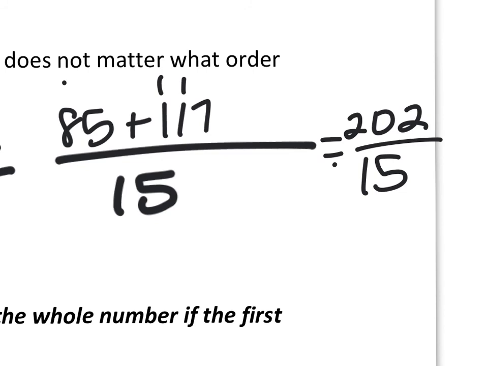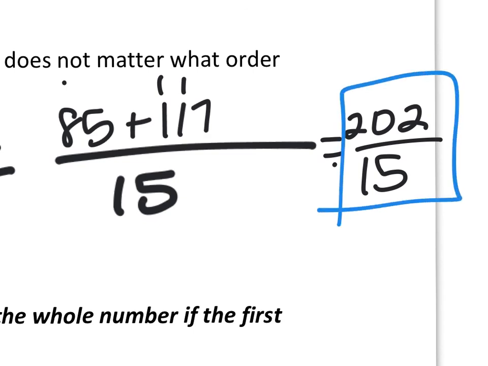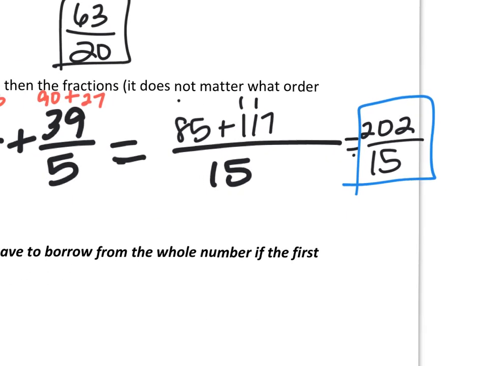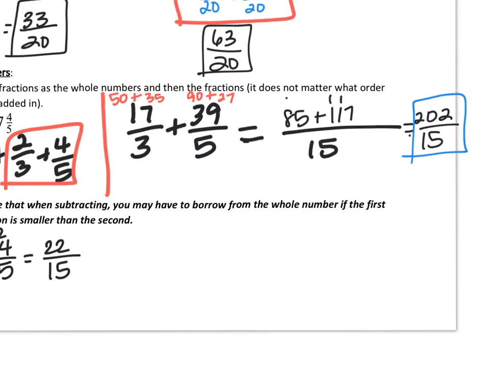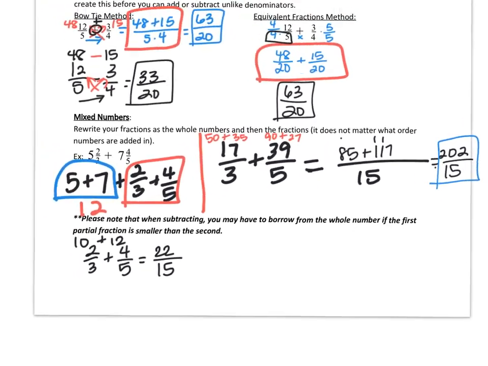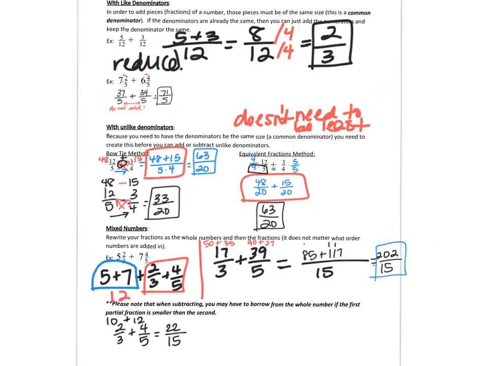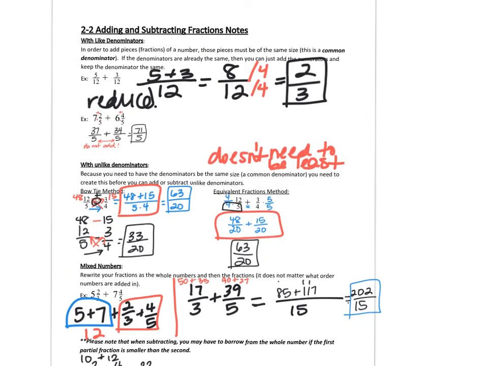I don't actually think that that's simplifiable because the only things that go into 15 are 1, 3, 5, and 15. 2 plus 2 is 4, which makes that number not divisible by 3, and it doesn't end in a 5 or a 0. So I'm just going to leave it just like that. Even though that's kind of a big fraction, it's usable like that. Okay? So there's adding and subtracting fractions. Not so painful. Thanks.